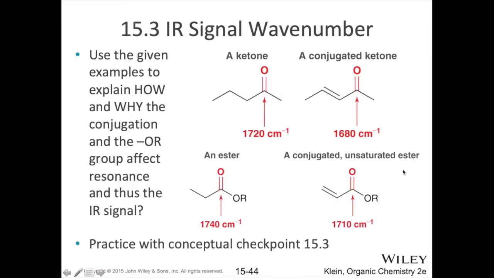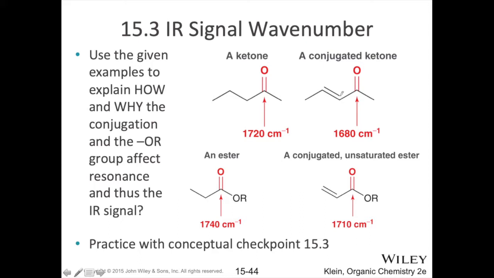Let me show you some examples so you can see what I'm talking about. So here we have a conjugated ketone, right? Here we have a double bond where we can have these electrons get pushed around not just between these two atoms, but all the way to these atoms.